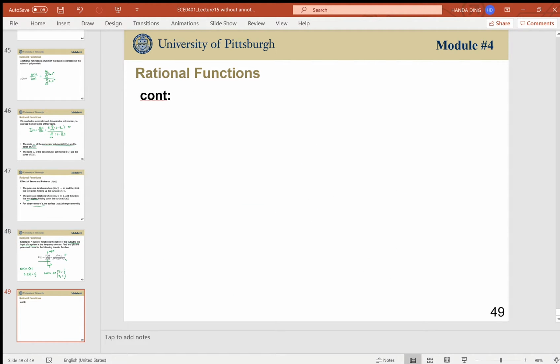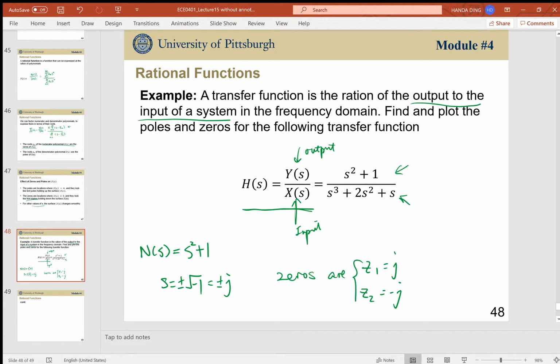Wait for a few seconds. Then we'll go to the denominator of the system.